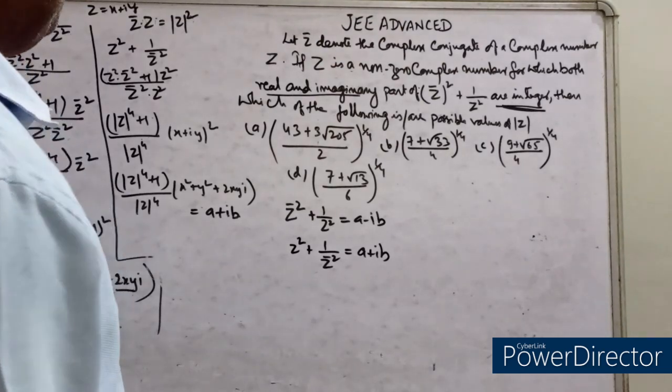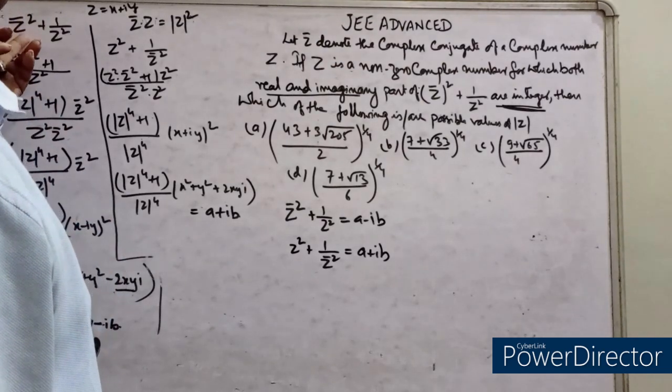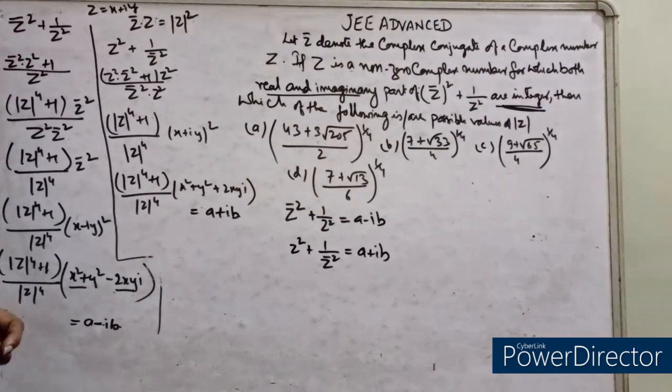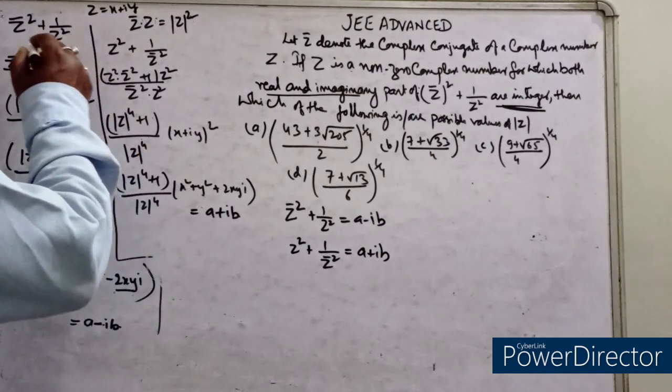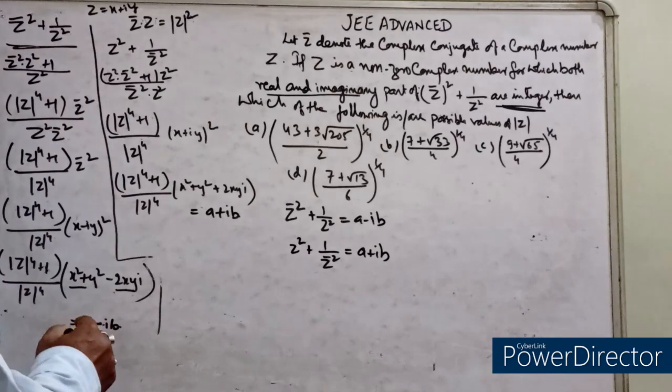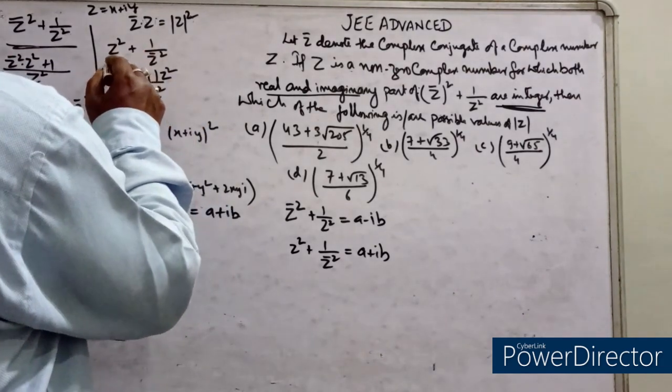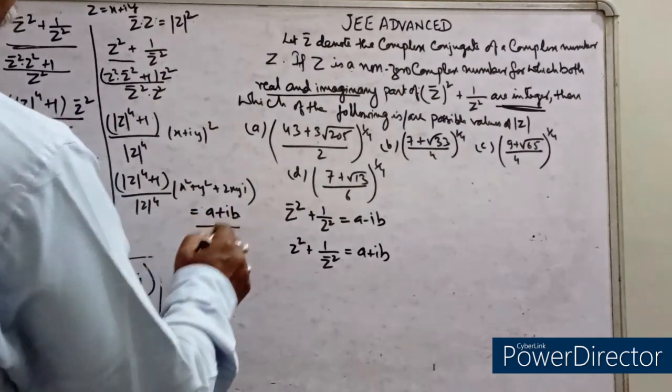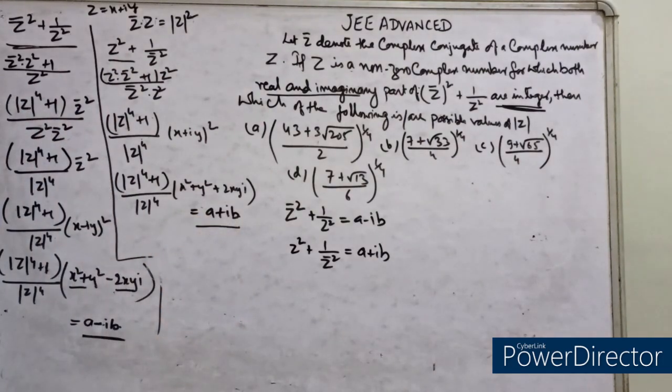If you suppose x plus iy conjugate square, the question will go on increasing, and it will be difficult for you to solve it. So this can be written as a minus ib, and this can be written as a plus ib. This is the conclusion I got.